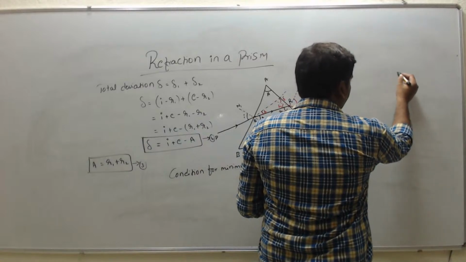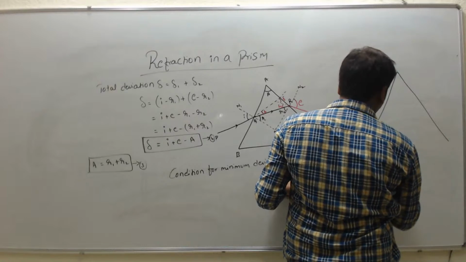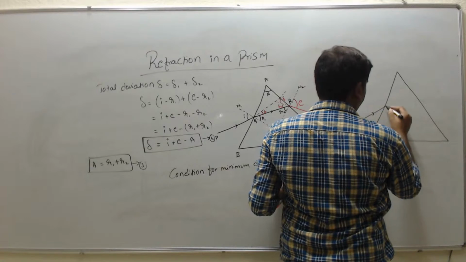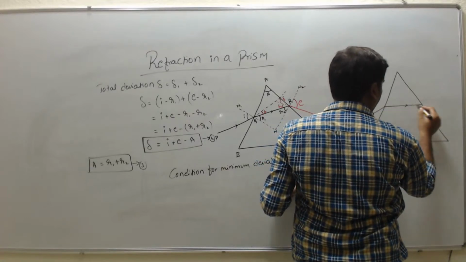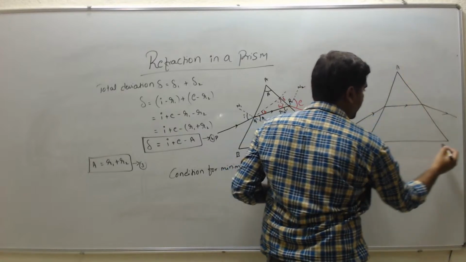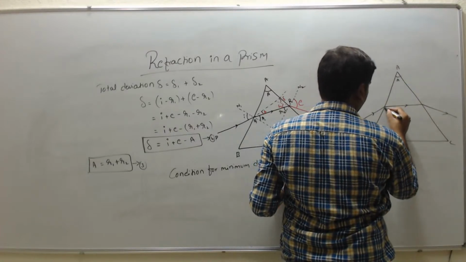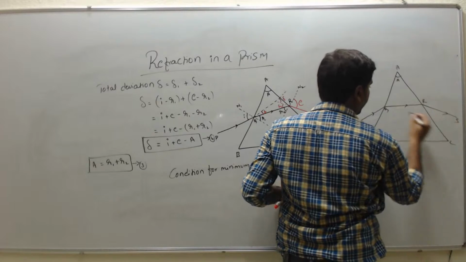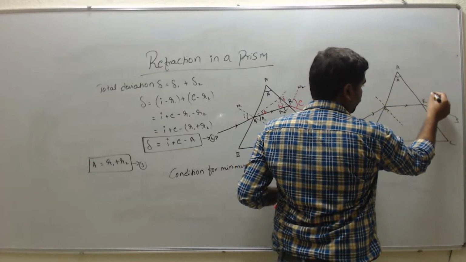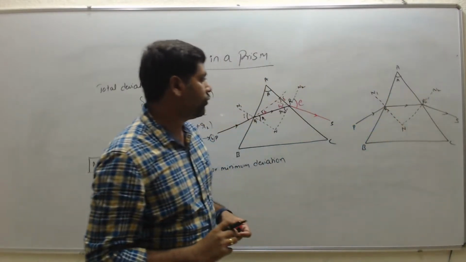If we draw the condition for minimum deviation, this is the incident ray, this is the refracted ray, and this one is the emergent ray. This is ABC, here is the angle A, with points P, Q, R and S. If I draw the normals here, N1 and N2.